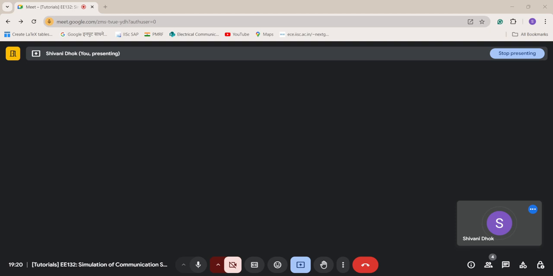And similarly, we have this theta from minus pi to pi. Let's take it from linspace minus pi to pi, and f theta is 1 by 2 into pi.